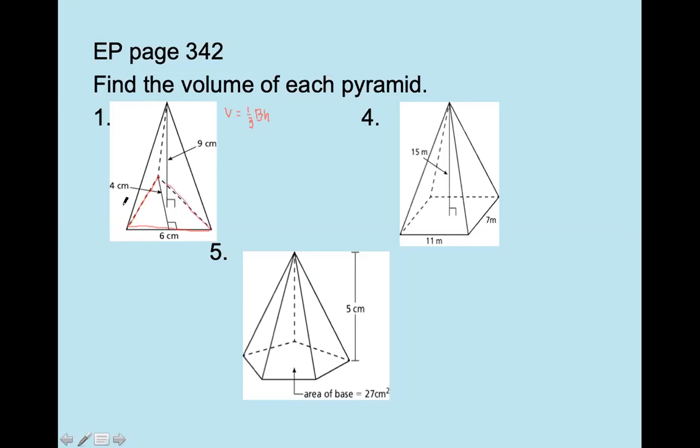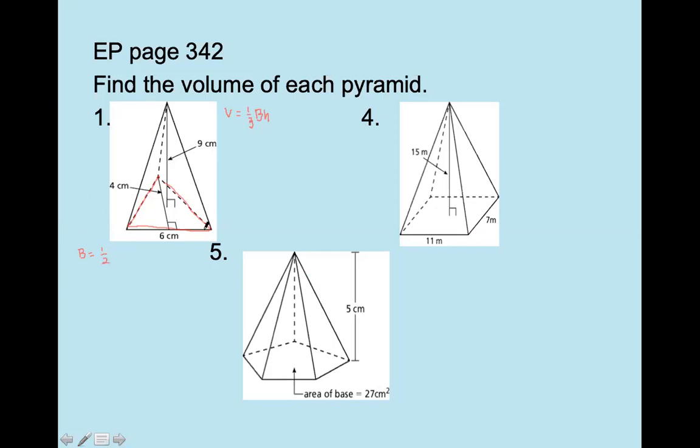Okay, so I'm just going to do a little aside here. So that base, if I can get it to right here. To find this base area, I'm looking at this triangle. If I ignore everything else, area of a triangle is 1/2 times the base of the triangle, which in this case is 6.